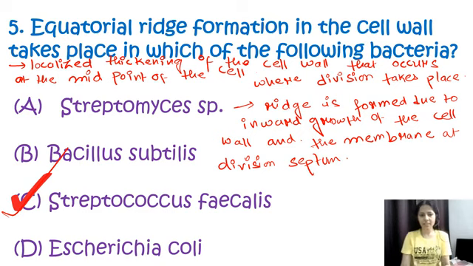Now, in summary, we can say that this equatorial ridge is a critical structure in the cell wall of this Streptococcus faecalis bacteria that facilitates the proper division and the formation of two viable daughter cells. So over here, my correct option is option number C, that is Streptococcus faecalis.